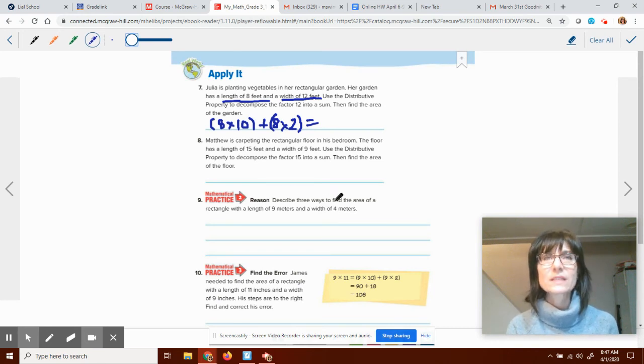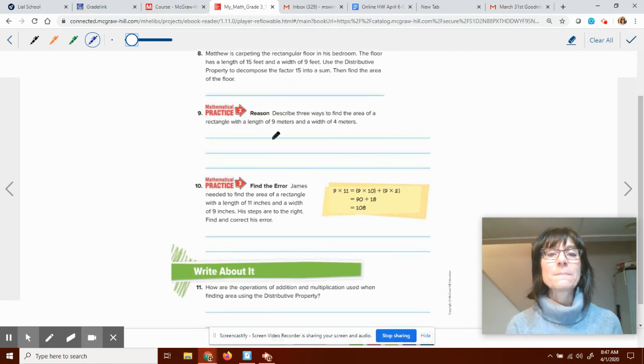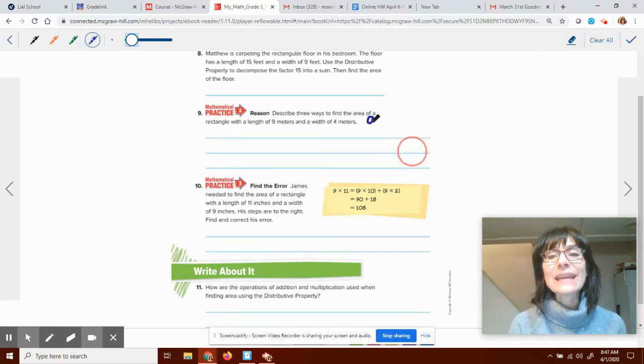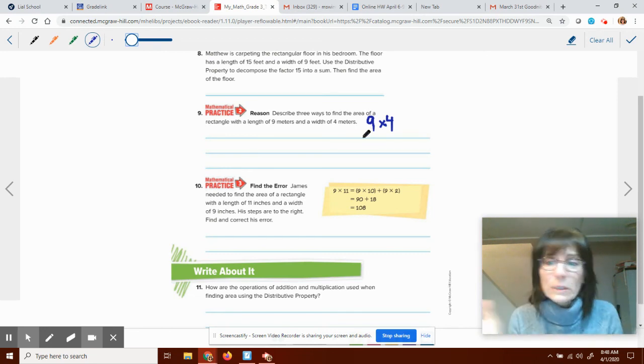Show me different ways you can split up the 9 and the 4. Remember, this is just your little hint: 9 times 4, and you boys and girls know this is 36, maybe break this up into 5 times 4 and 4 times 4, or take the 9 and break it up into 6 and 3, however you want to do it.